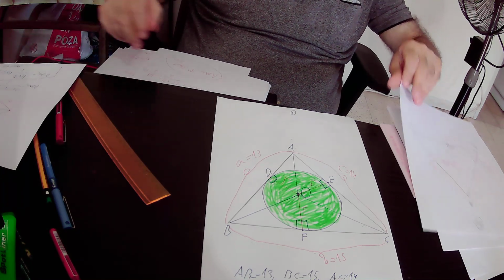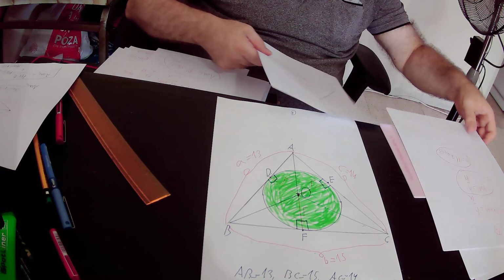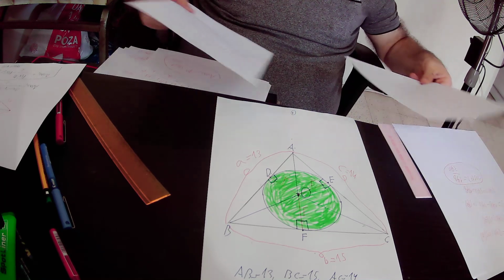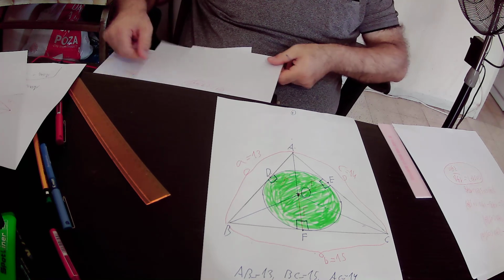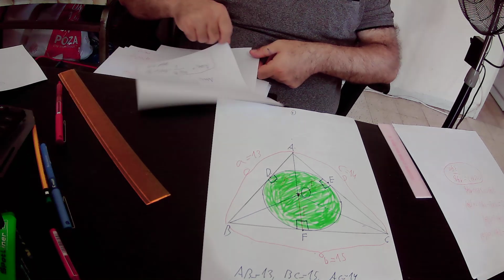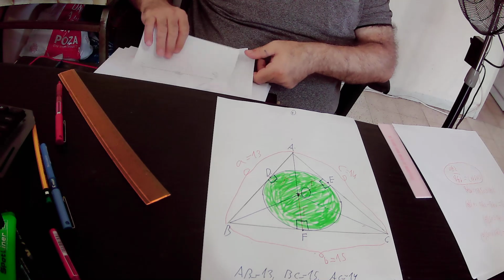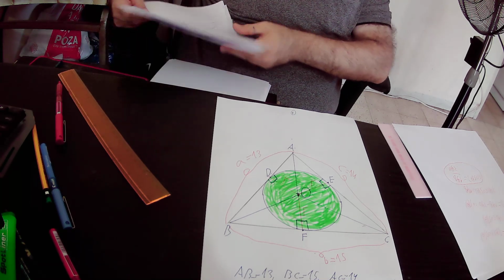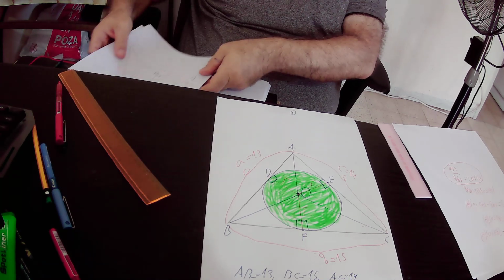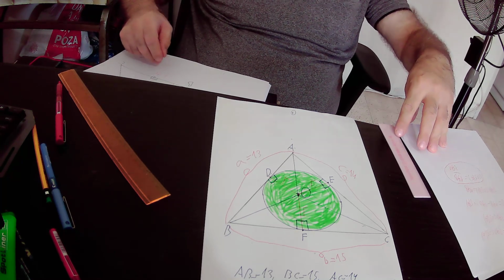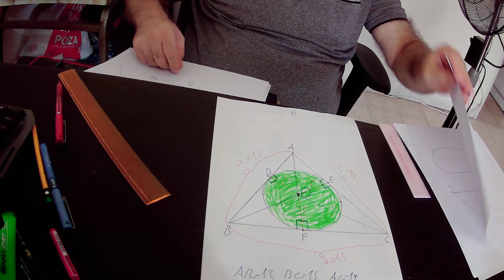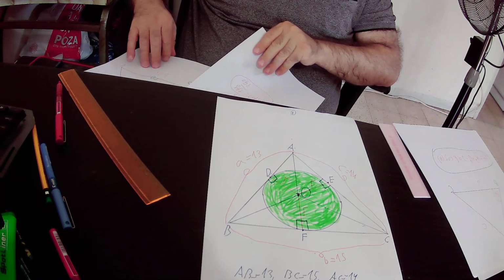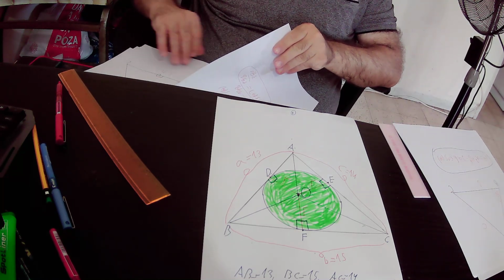First of all, we defined a new term called the semi-perimeter of a triangle. The semi-perimeter of any triangle equals the perimeter of the triangle, that is the sum of its sides, over 2.